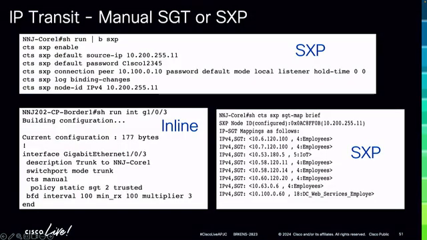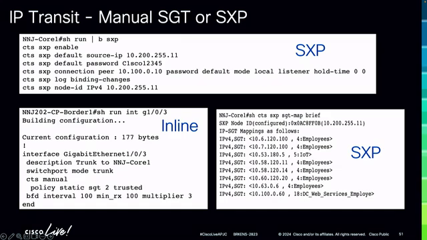So in our use case, we are doing a mix of both. We have SXP, as I showed you earlier, where we have two locations, NYC and NJ, and they are connected by a private line. So we are doing SXP there, versus when we connect multiple domains like SD-Access to Meraki to BGP EVPN and whatnot, our switches are mostly inline capable. So we are doing static configuration, that is CTS manual policy static SGT 2 trusted.